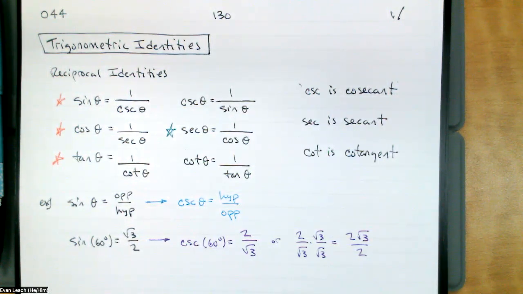Sine and cosecant are reciprocal. Cosine and secant are reciprocal. Tangent and cotangent are reciprocals.